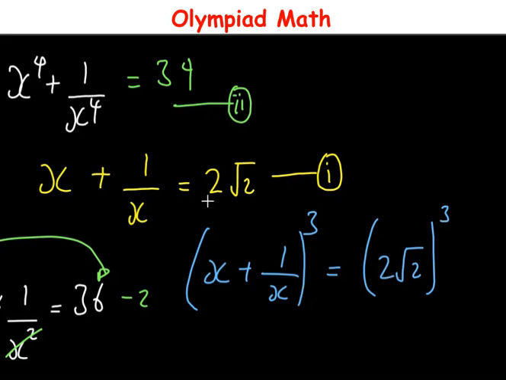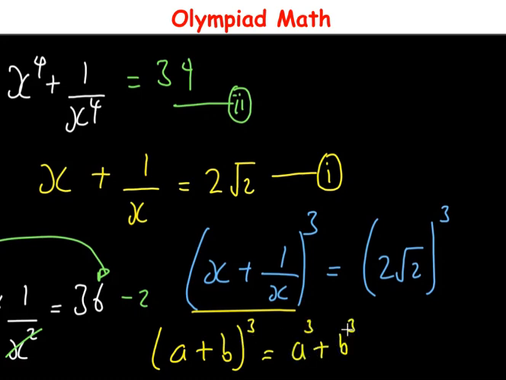So once we do this, looking at this right here, this is in the form of (a plus b) all raised to power 3. And this will give us a raised to power 3 plus b raised to power 3 plus 3ab multiplied by (a plus b).